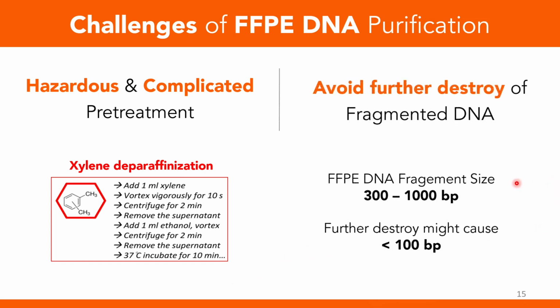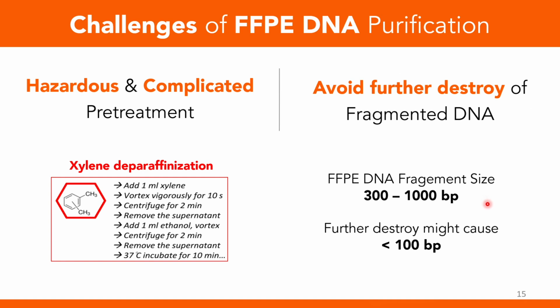And second, we all know FFPE DNA, due to the production procedure, is usually already fragmented, from 300 base pair to 1,000 base pair.